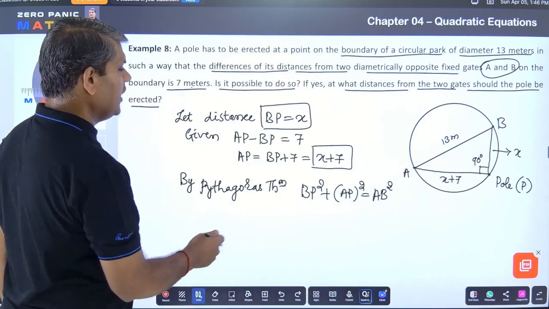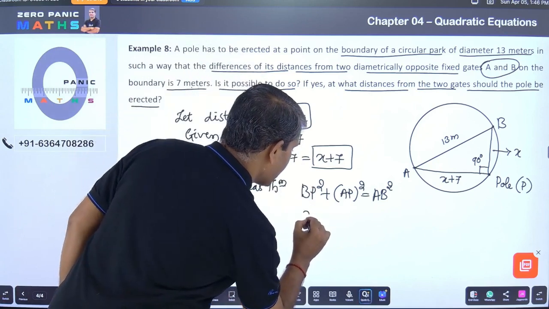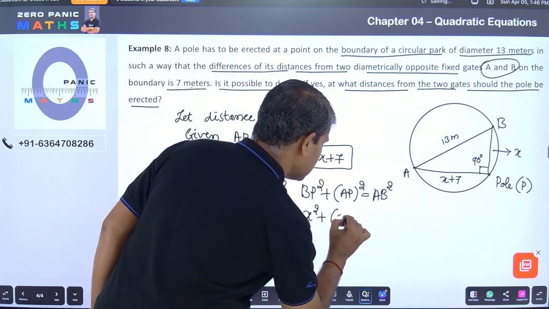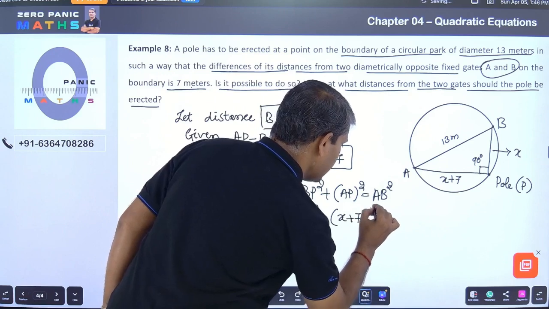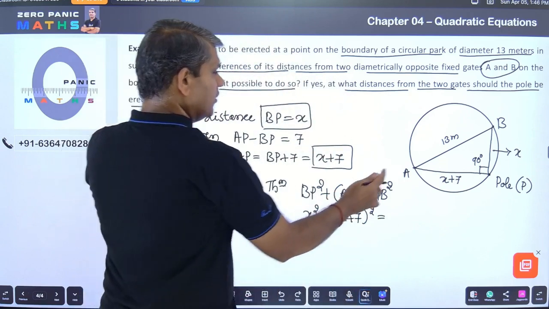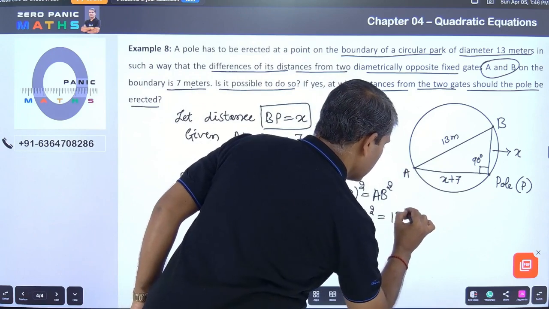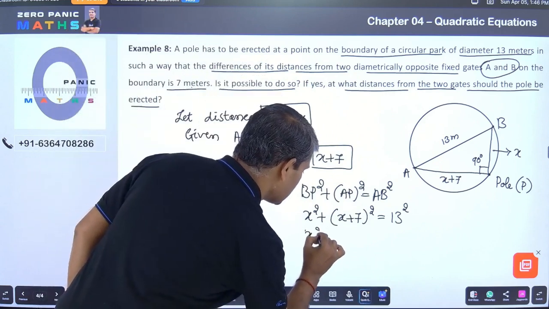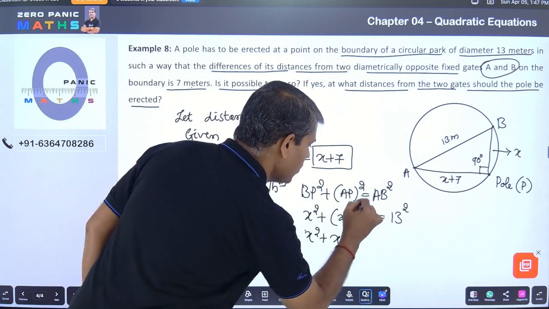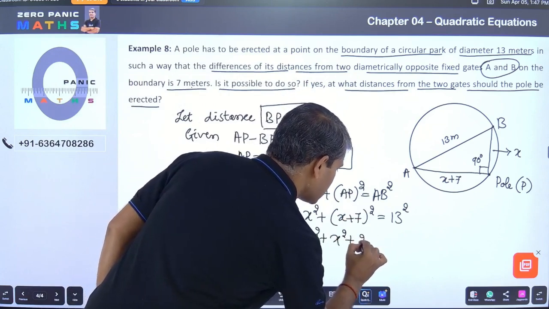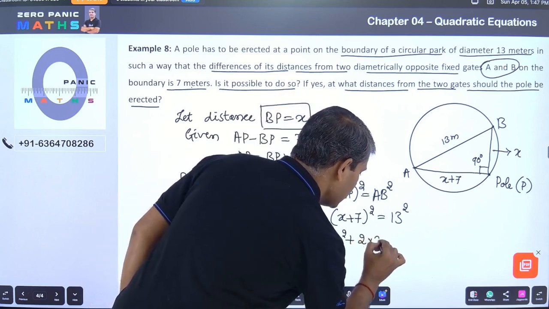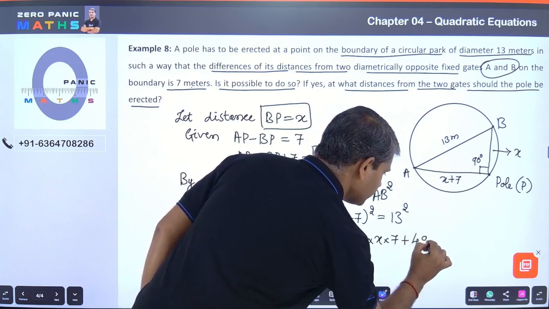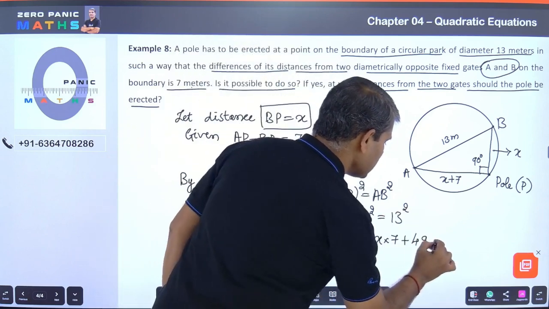You understood? Now let us put BP equal to x, which gives x square. And AP is x plus 7, so x plus 7 whole square is equal to AB, which they have given already, that is 13 square. So that is x square plus (a plus b) whole square, a square plus 2ab plus b square, where 7 square is 49.